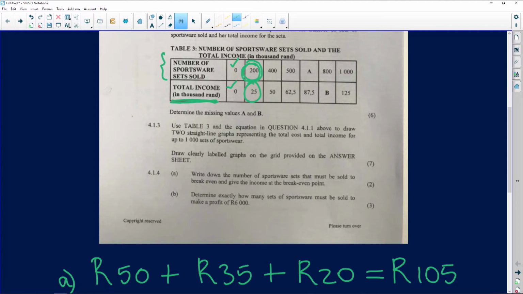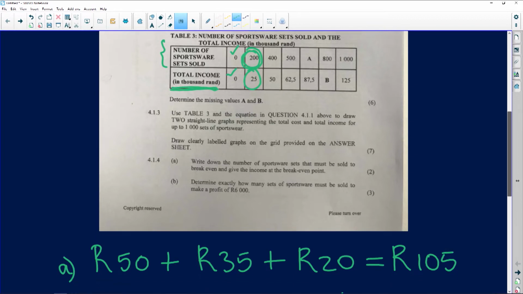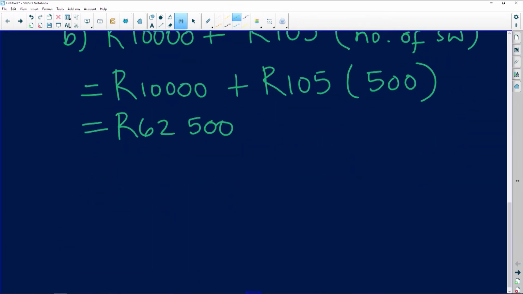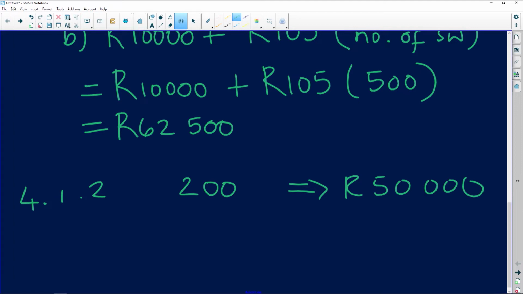So there are 2 ways in which you can do this. And the first way that you can do this, that's 4.1.2. The first way, I said to you, if 200 units are sold, it's going to give us 25,000 Rand.